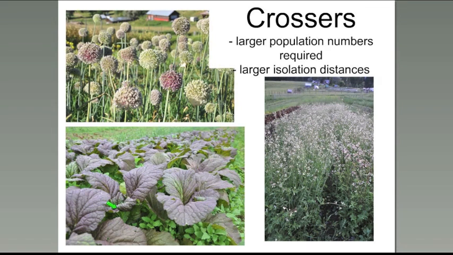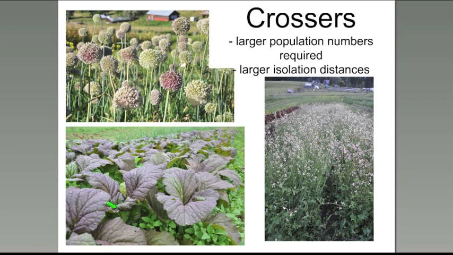Or some cross-pollinating plants do still have perfect flowers, but they have a self-incompatibility built into them, where they genetically require the pollen to move from one flower to another. The reason is that all those cross-pollinating plants, in order to maintain better genetic health, need to share pollen with as many plants as possible.